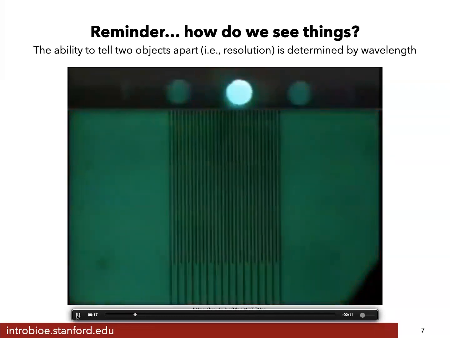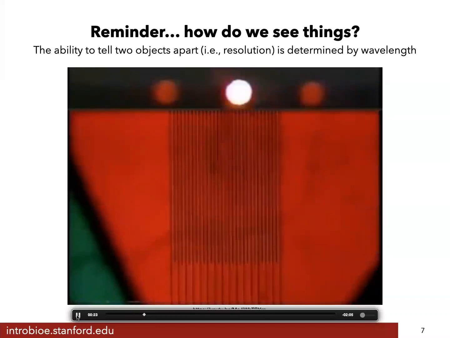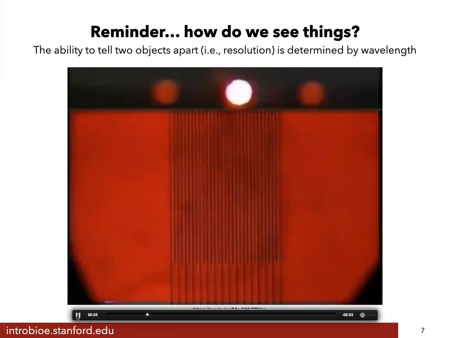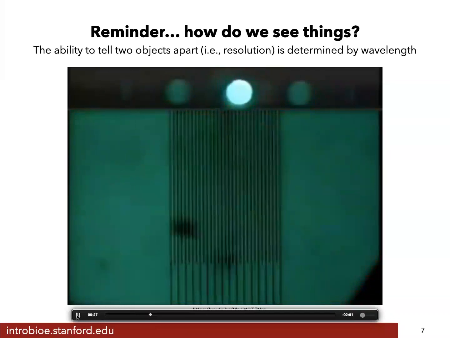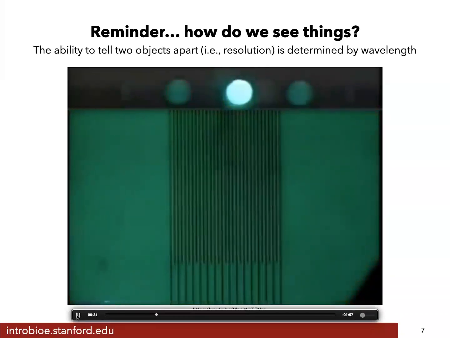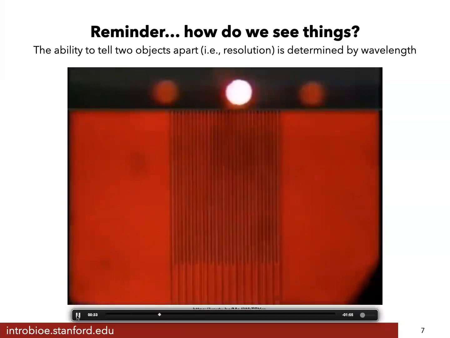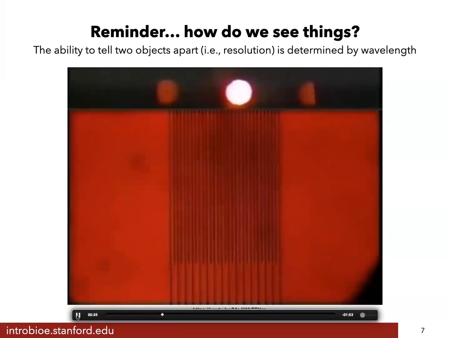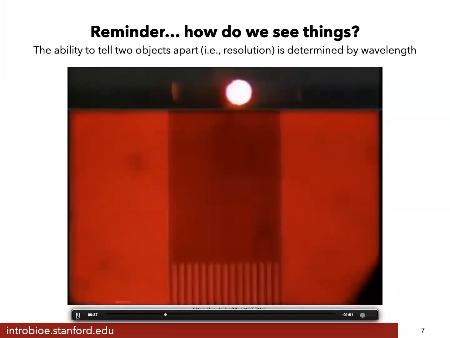We go to red, and it's a little bit harder to see. Red wavelength is a little bit longer than green, not by much, maybe 100 nanometers longer. Because of that, it's much harder to resolve or tell apart the lines here. And the further out we go into the red, suddenly we can't. It's the same object. The object's not changed.